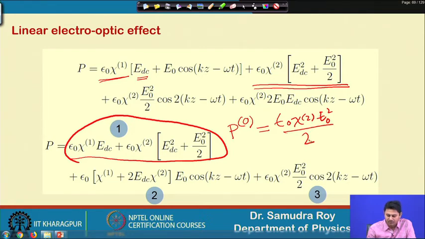But here, as soon as I add another term E DC to my total electric field from the outside, I have 2 E DC terms here, which also do not have any kind of frequency component.